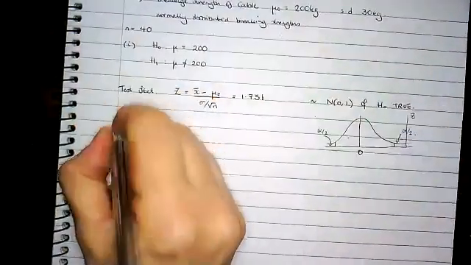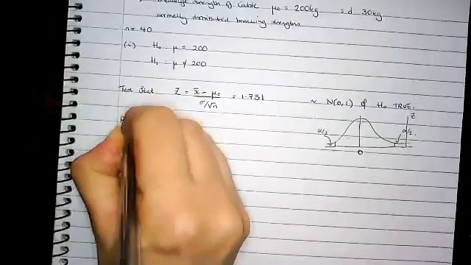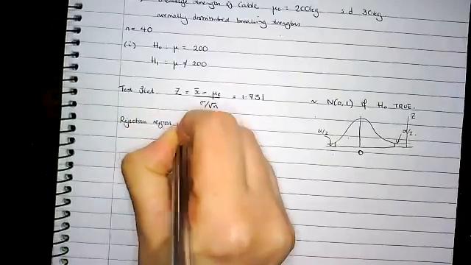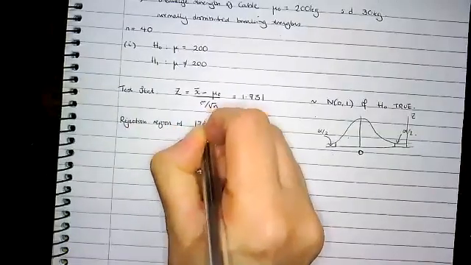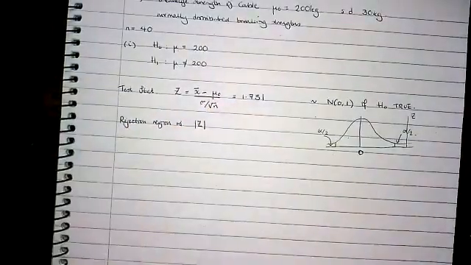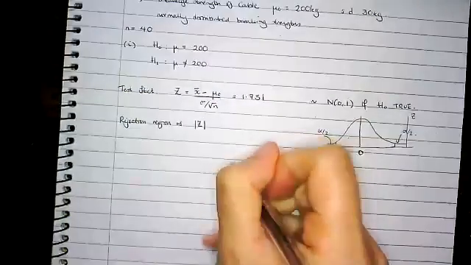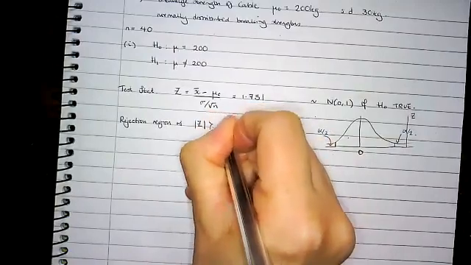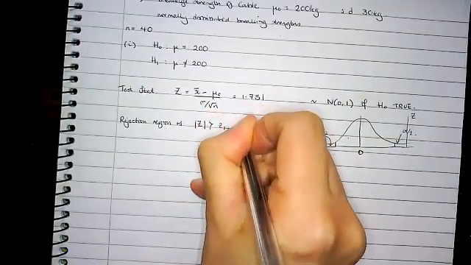My rejection region is where the modulus of Z, so where the absolute value of Z is bigger than little z 1 minus alpha divided by 2.